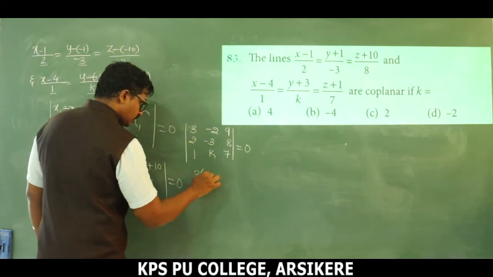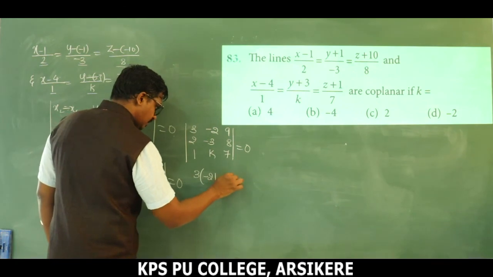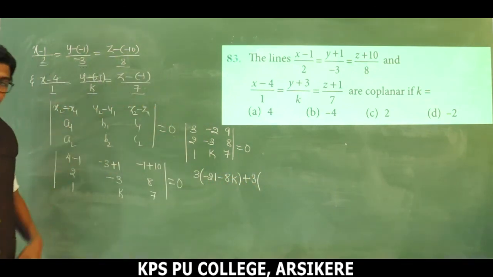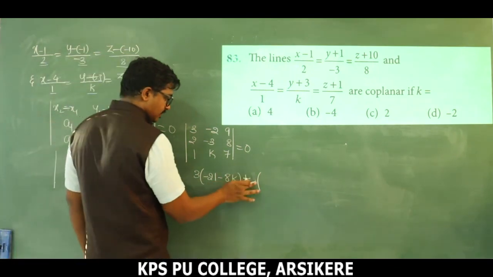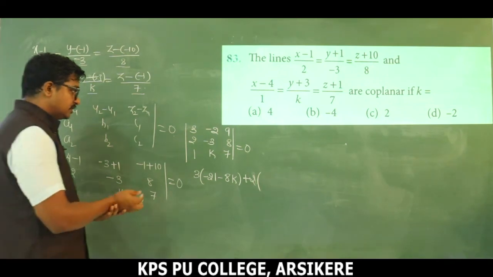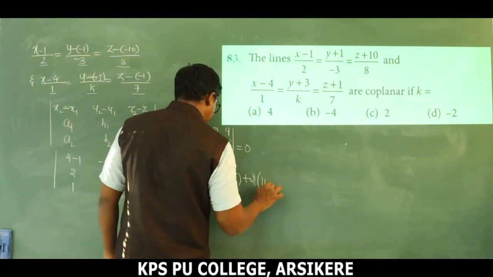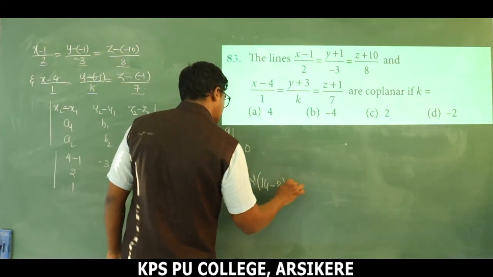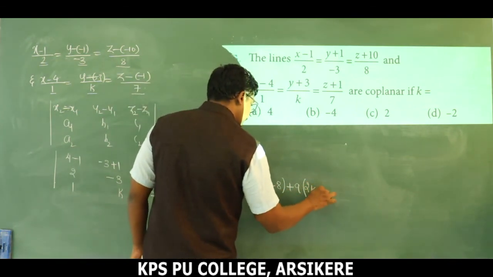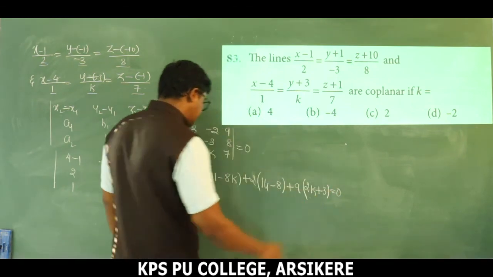This is 3 into minus 21 minus 8k plus 2 times, and the second term we have to take the negative, minus into minus becomes plus there. This is 2 into 7 is 14 minus 8, plus 6 times the third one, 2k plus 3, is equal to 0.